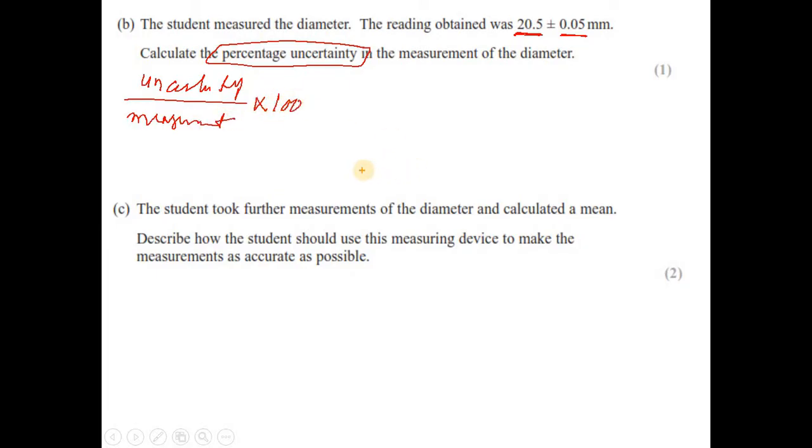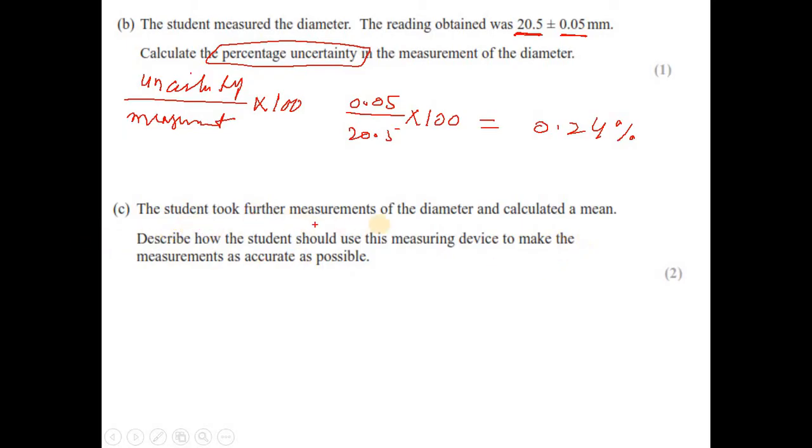That's how you find the percentage uncertainty. So in this example, 0.05 millimeter divided by 20.5 times 100 gives you 0.24%. This is the percentage uncertainty in the measurement of the diameter of the sphere.